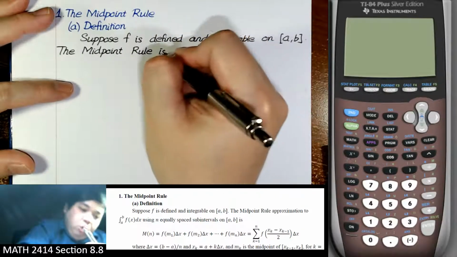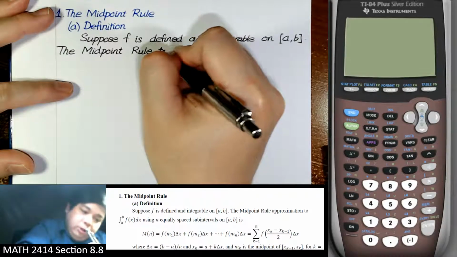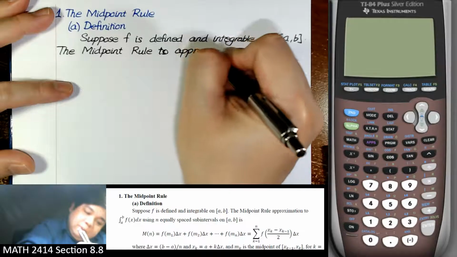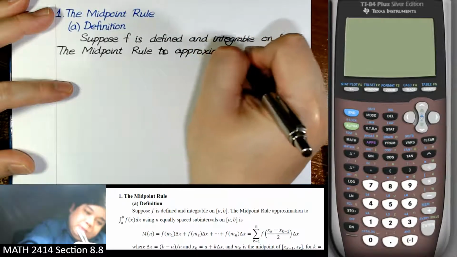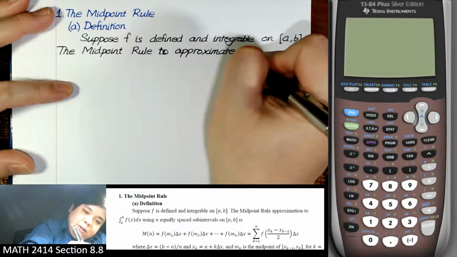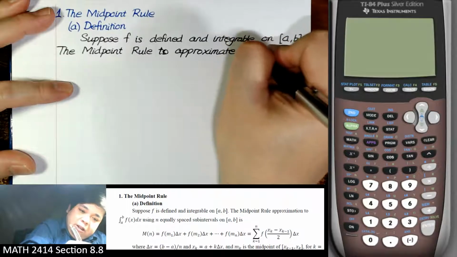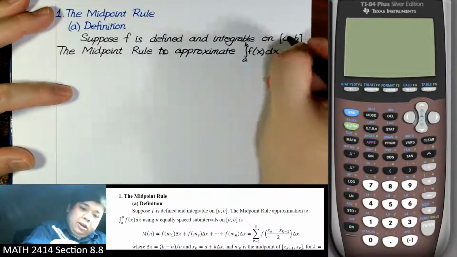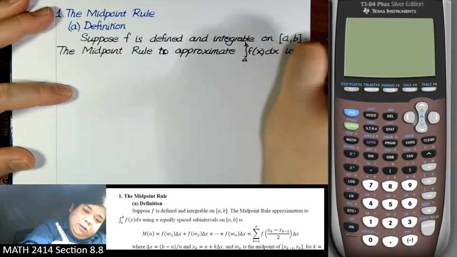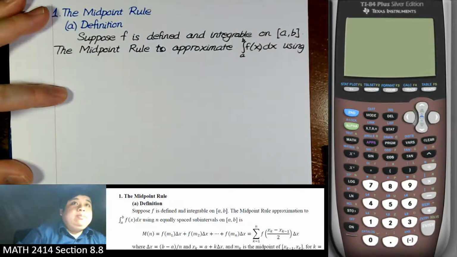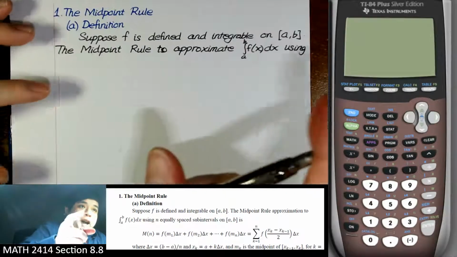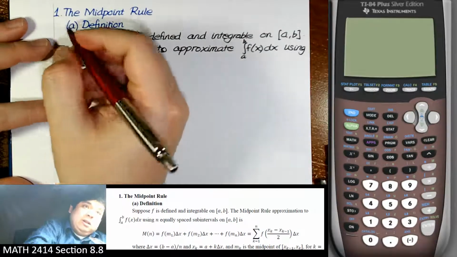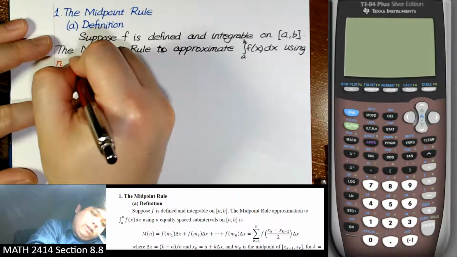The midpoint rule to approximate the integral from a to b using n subintervals.